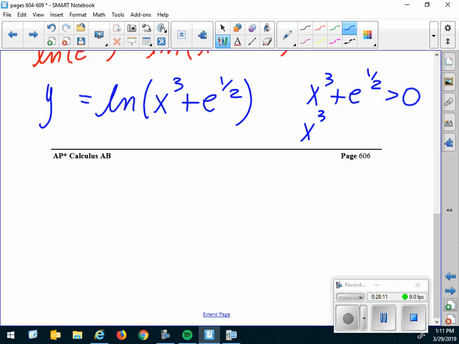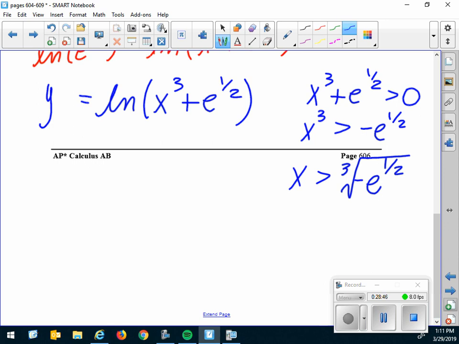So I've got x cubed is greater than negative e to the 1/2. So what do I know about x? That's ugly, right? So as long as x is in this vicinity, then we know that you can take the natural log of it.